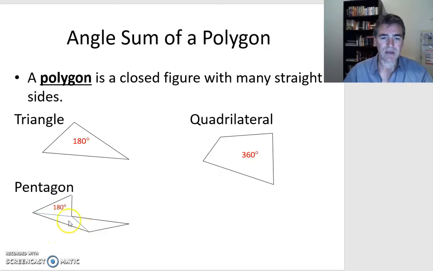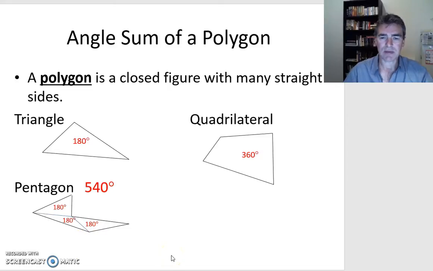As you can see, I have 3 triangles, and I've already found the angle sum of one of them. The next one is also 180, and the third one also 180 degrees. So now I have 3 lots of 180 degrees, which will tell me the angle sum of that pentagon, which ends up being 540 degrees.